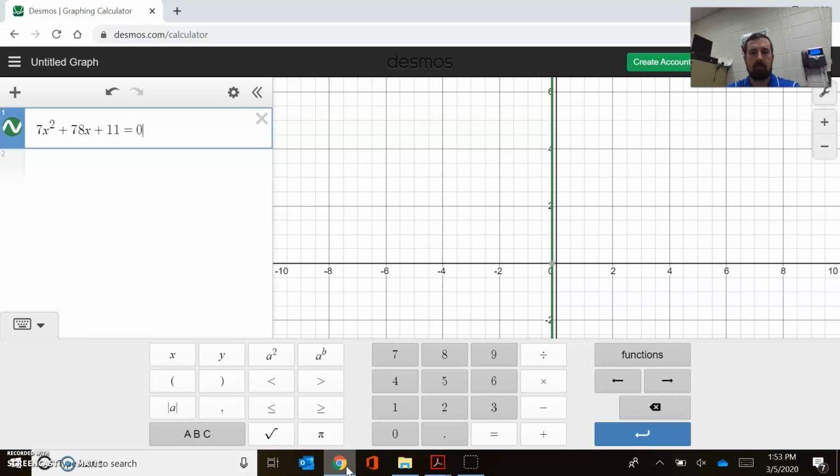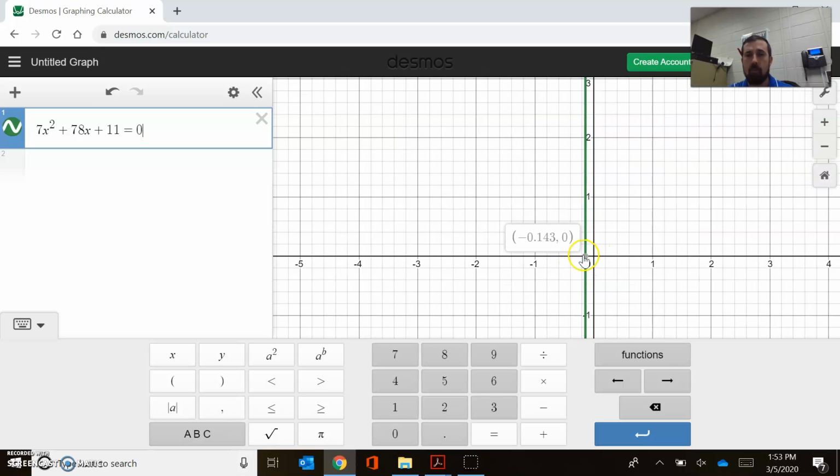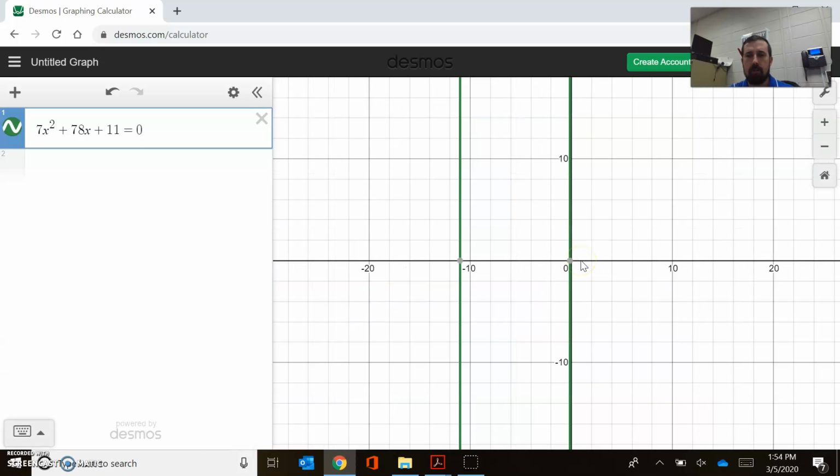I think that was equals 0. Okay, all right, so I zoomed out. Notice if I zoom in, I can only see one, but if I zoom out, go back to my home, zoom out, I can see both. There's one at negative 11 and one at negative 0.143. Again, not concerned about that for this problem.